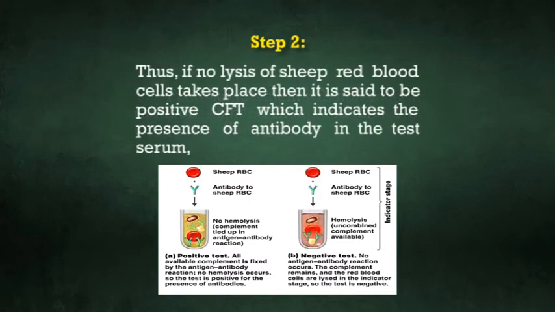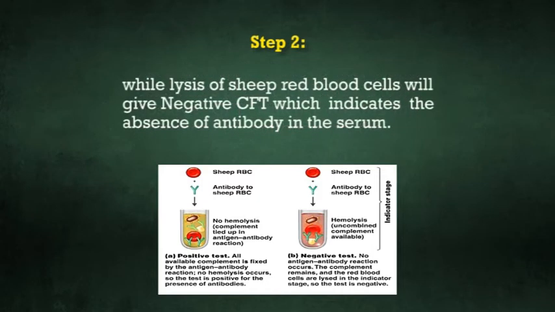Thus, if no lysis of SRBCs takes place, it is said to be a positive CFT, which indicates the presence of antibody in the test serum, while lysis of SRBCs gives a negative CFT, which indicates the absence of antibody in the serum.